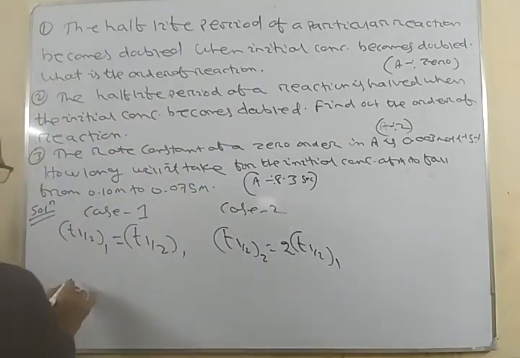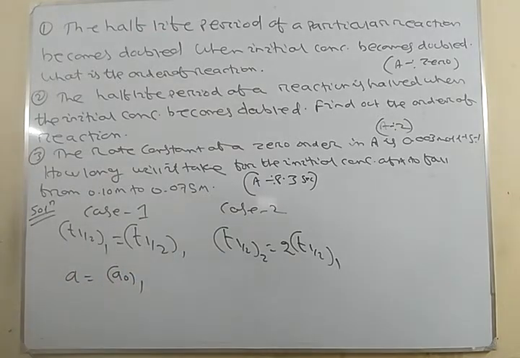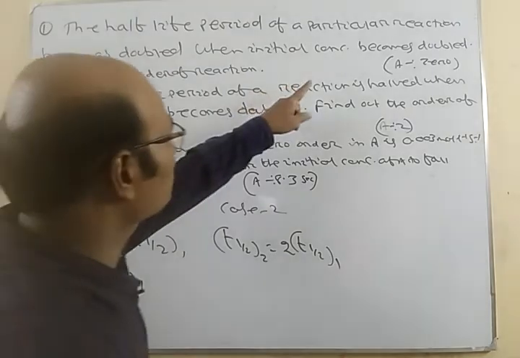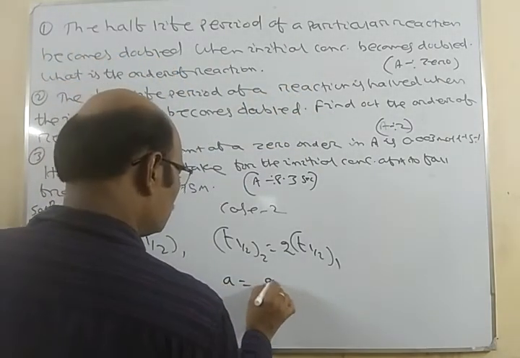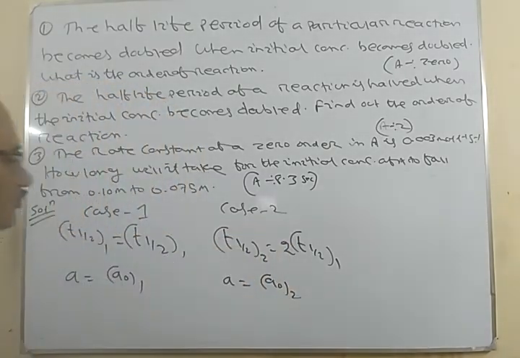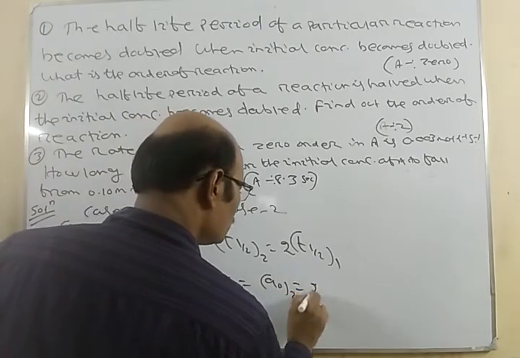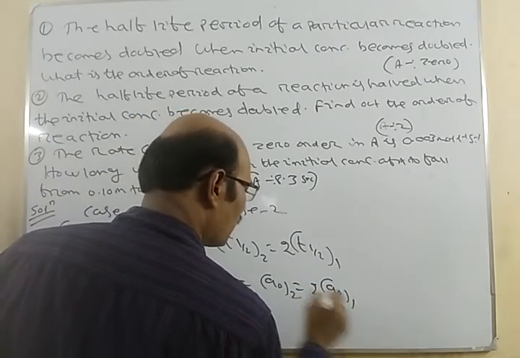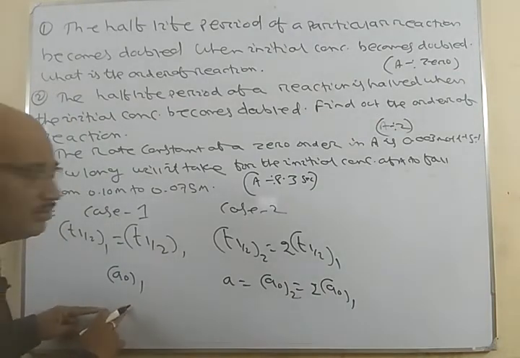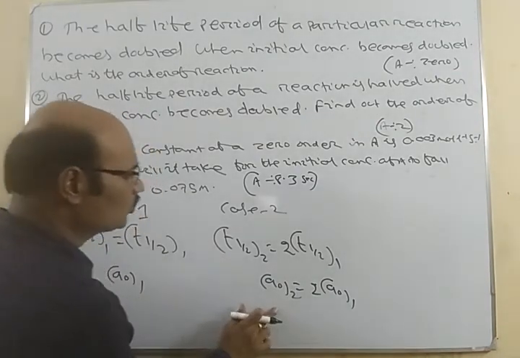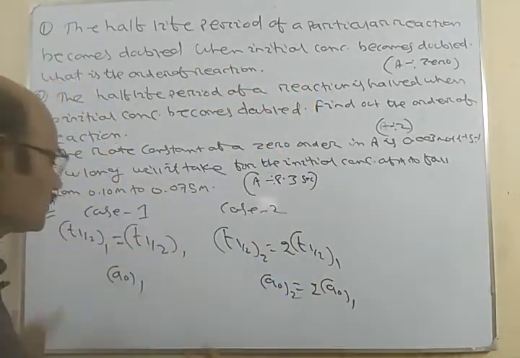So here a equal to a01, and when the initial concentration becomes double, a equal to a02 equal to 2 a01. So here we have a01 as the initial concentration, and a02 equal to 2 a01 because the initial concentration becomes double.